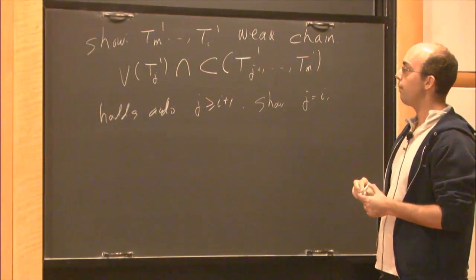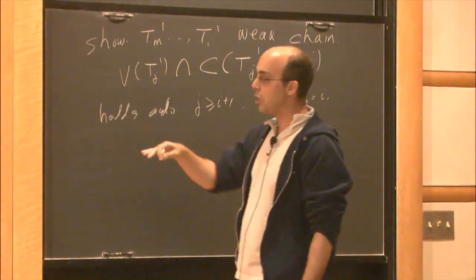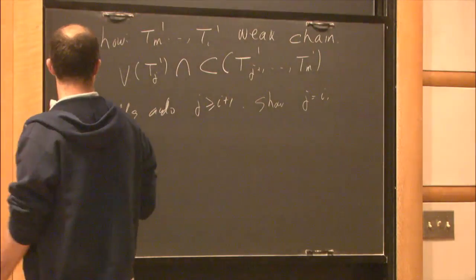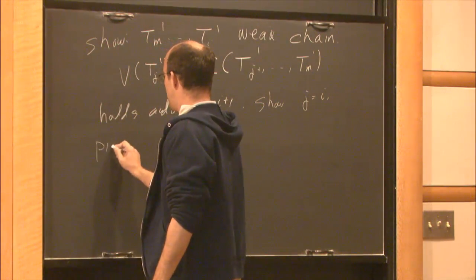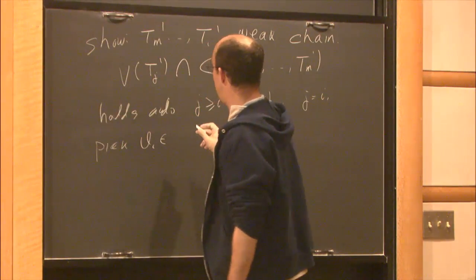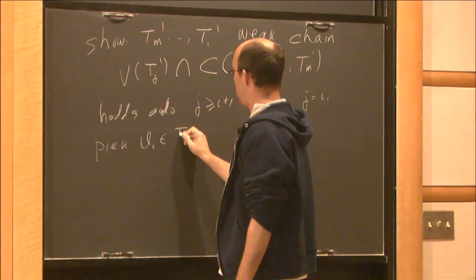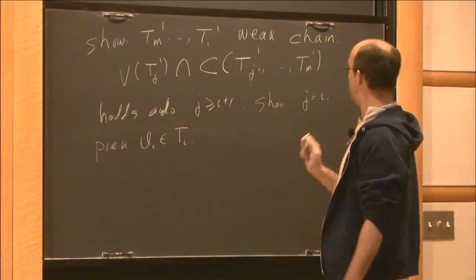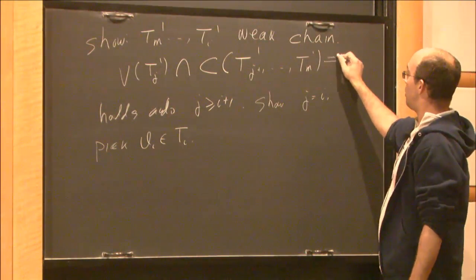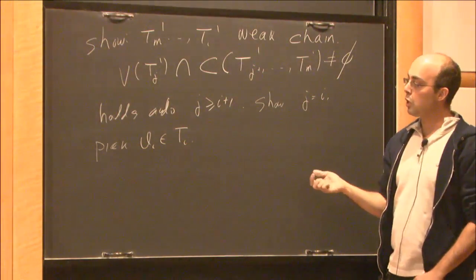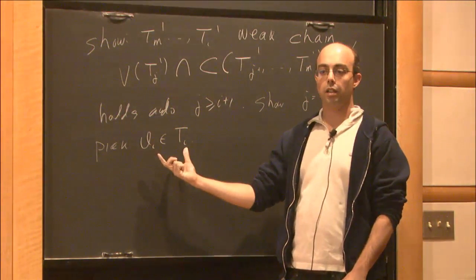In fact, to do this, I will shift them once more. Let's pick some node Vi in this tree Ti, which is not equal to the empty set. We're just going to pick any node Vi in Ti.